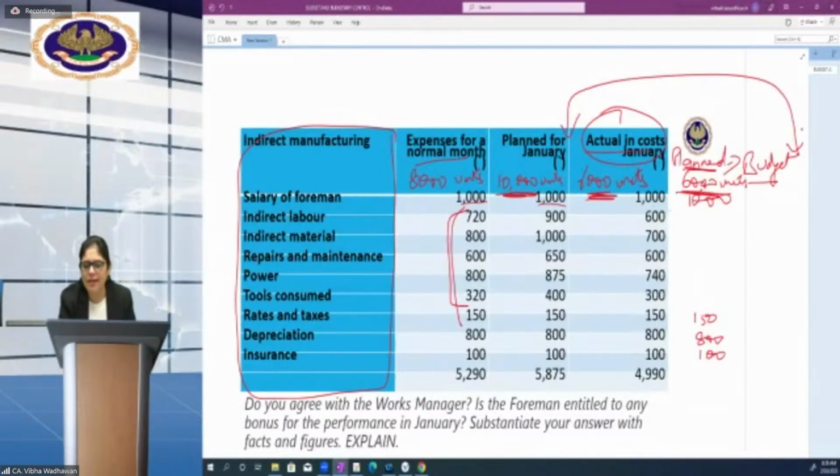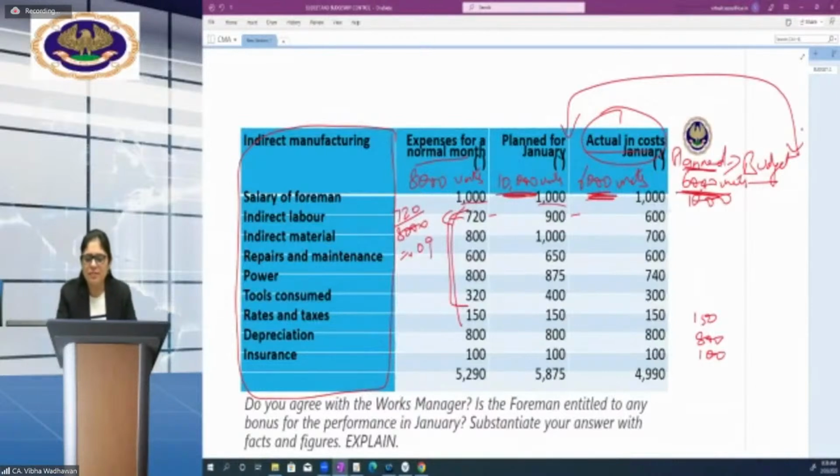720 for 8,000 and 900 for 10,000. Calculate the variable cost per unit for 8,000. So cost divided by units: 720 divided by 8,000. It's 0.09, so 0.09 per unit of indirect labor.